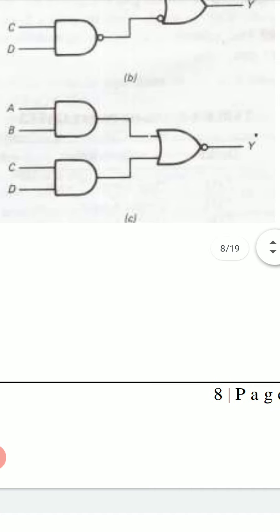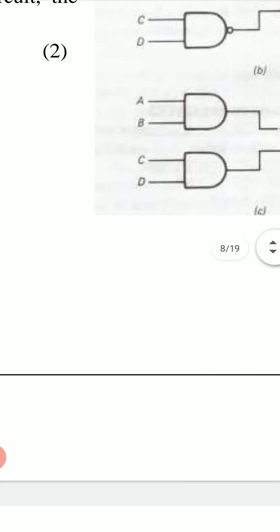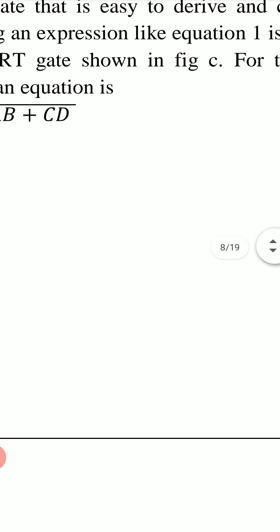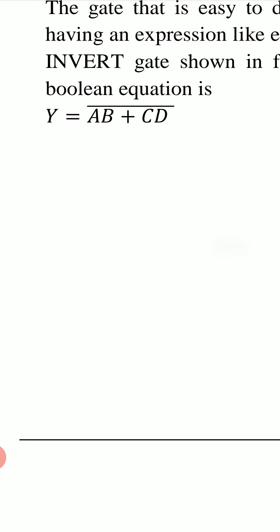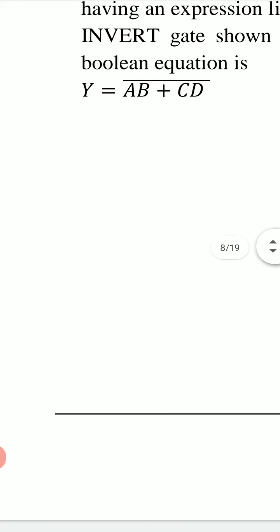A bubble is formed at the OR gate. So the output of this circuit will give Y equal to AB plus CD bar, and this is known as AND OR invert gate.